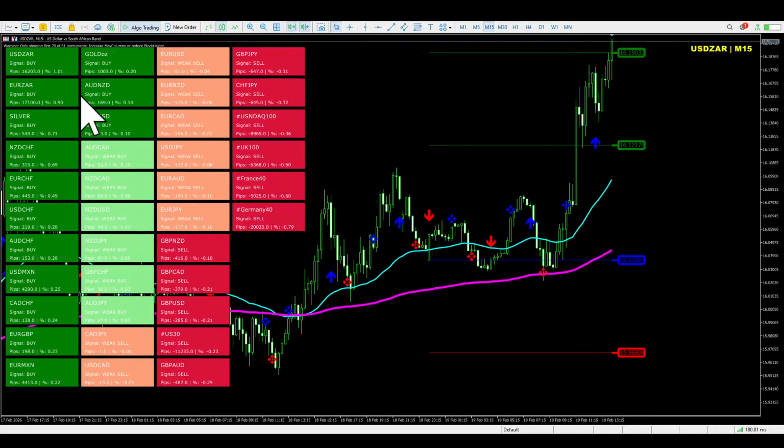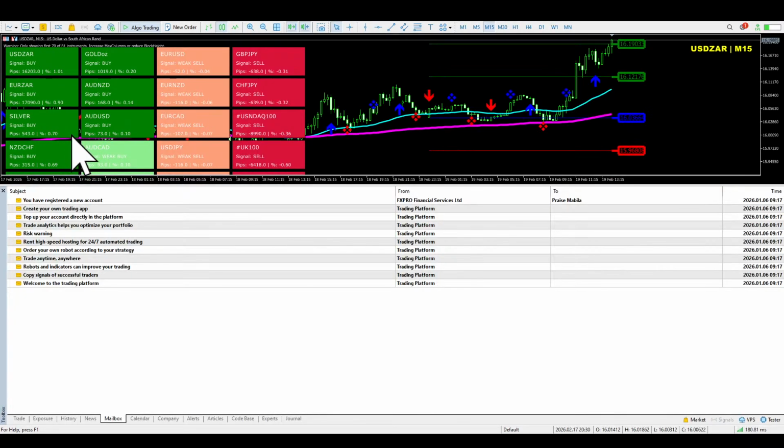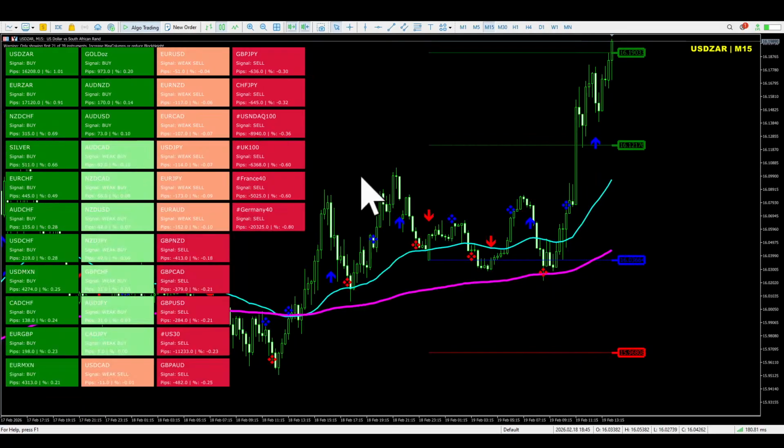Now let's look at the other components. The other components you're going to see, guys, are the arrows on the chart. You'll see some up arrows and some down arrows.